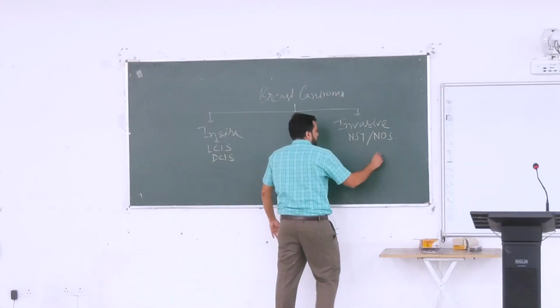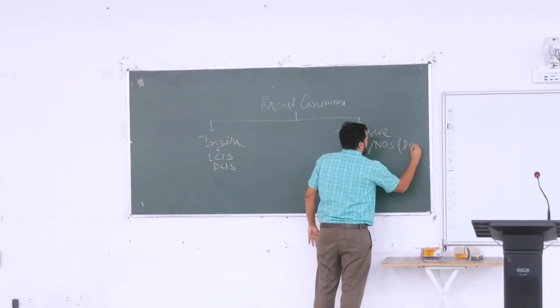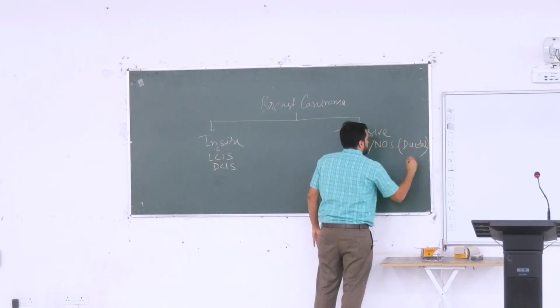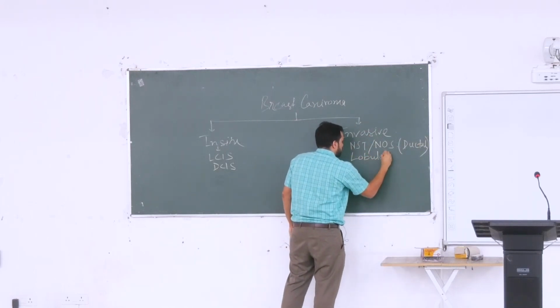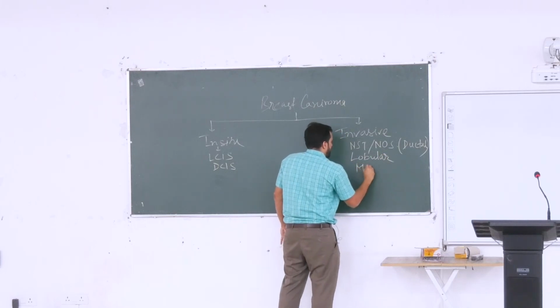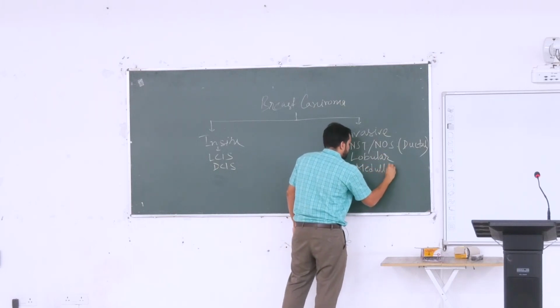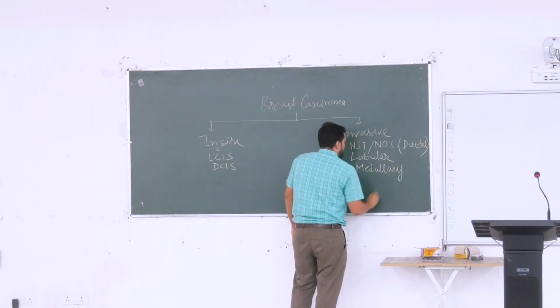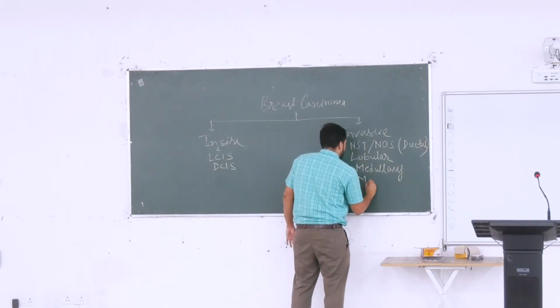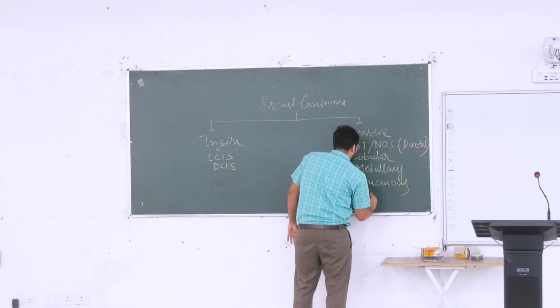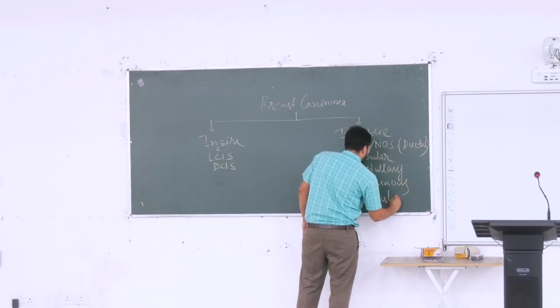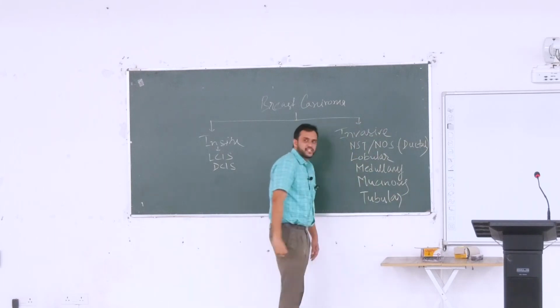So this is basically ductal carcinoma. Then you get lobular carcinoma, medullary, mucinous, tubular. So these are various variants. Then there is spindle-shaped.